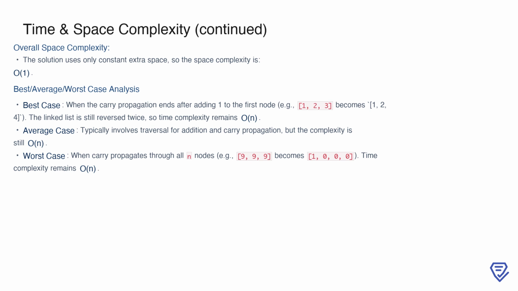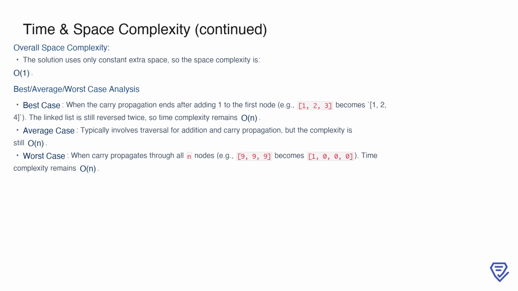Now, let's evaluate the time complexity across best, average, and worst cases. In the best case, the carry propagation ends after adding 1 to the first digit, such as when 1, 2, 3 becomes 1, 2, 4. Even in this scenario, the list still needs to be reversed twice, which makes the time complexity O(n). For the average case, carry propagation typically occurs for some portion of the list, but the complexity remains O(n).